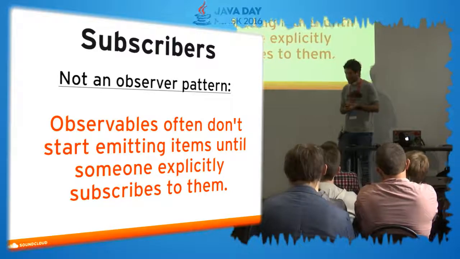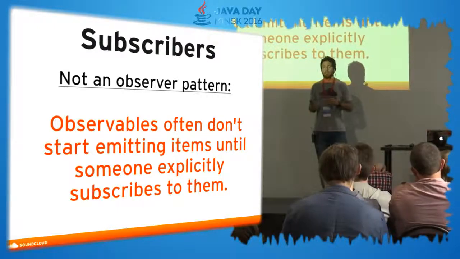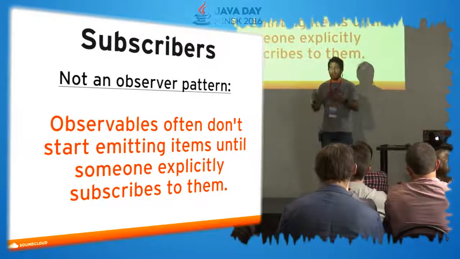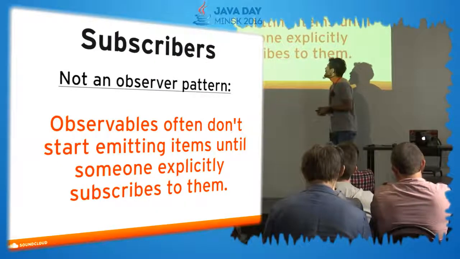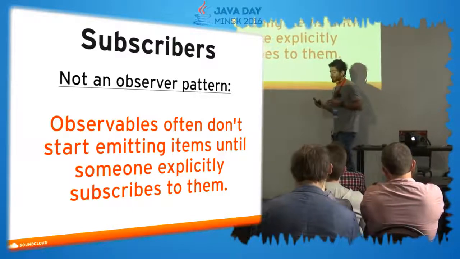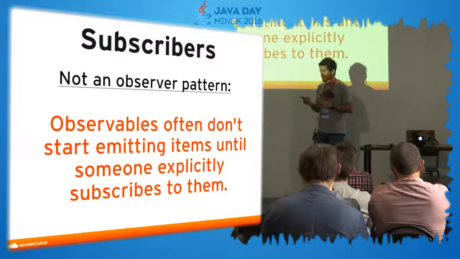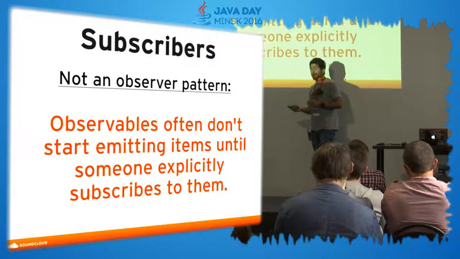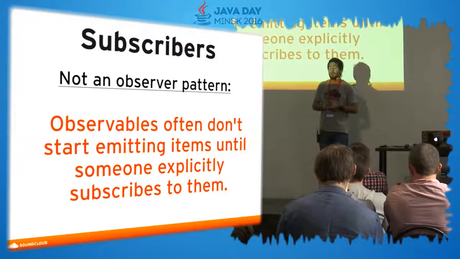There is a cool thing here when we have observables. I like to repeat the concepts a lot, so you guys, at least when you leave this room, you're going to hate me for repeating this, but at least you will have this in mind. There are two types of observables. The first one: when we create an observable that is going to perform this task, it's not going to start emitting any items until it has someone who listens to it.